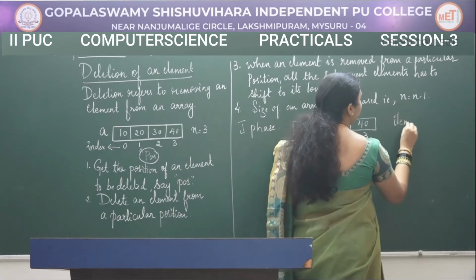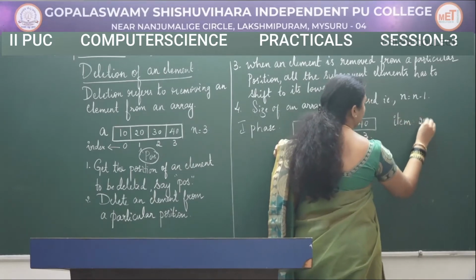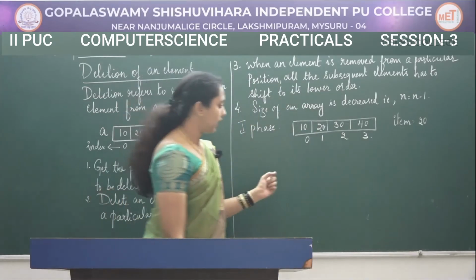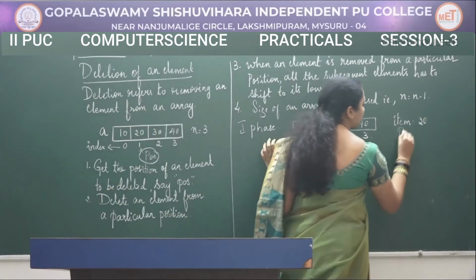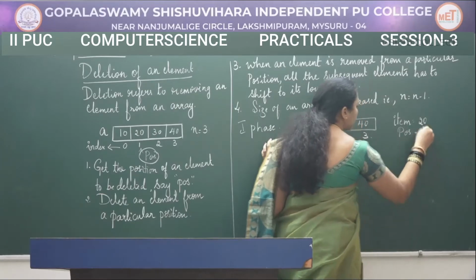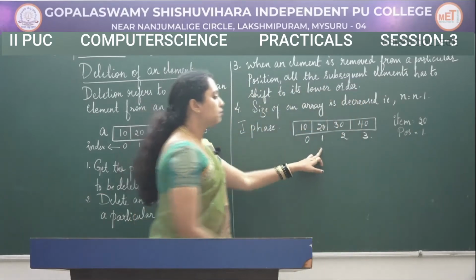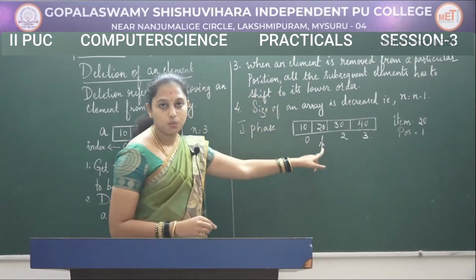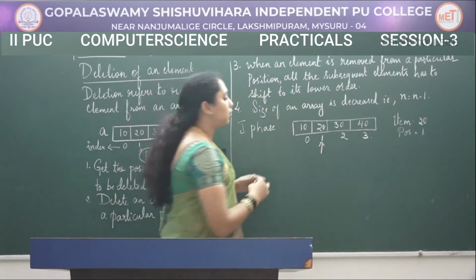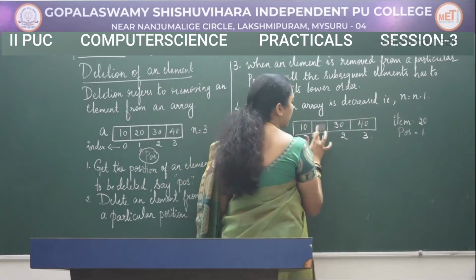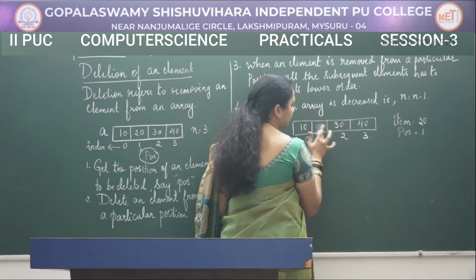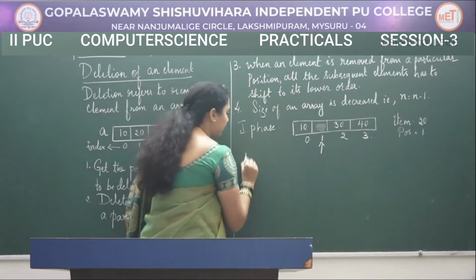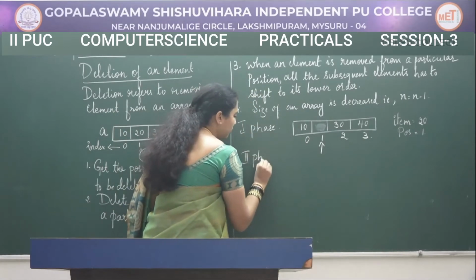Item is equal to 20. Item is the element which I want to remove from an array. And what is the position? Position is 1. I want to remove an item 20 from position 1. So in the first phase, I am going to delete this element.